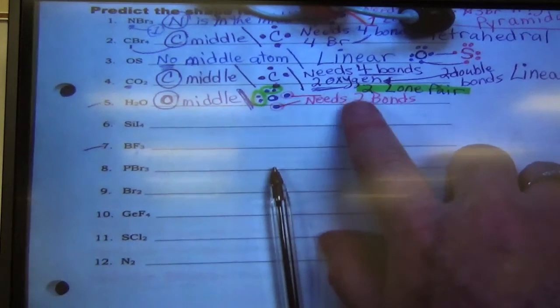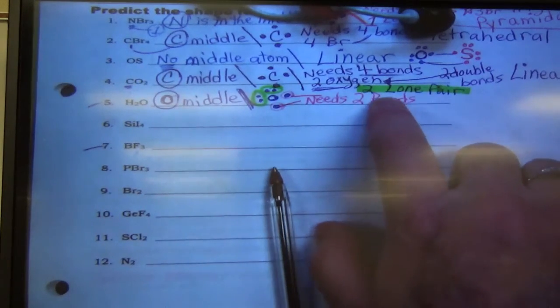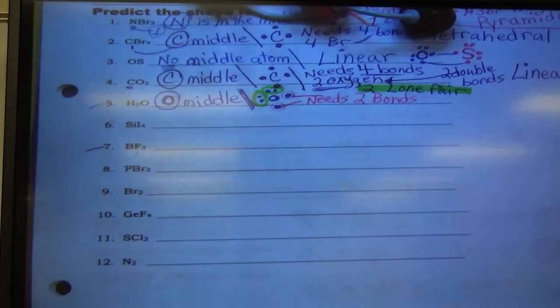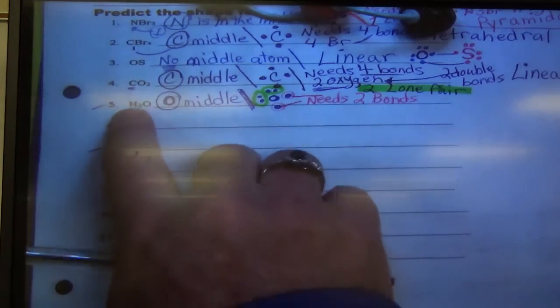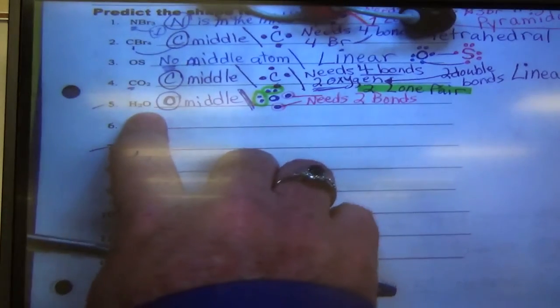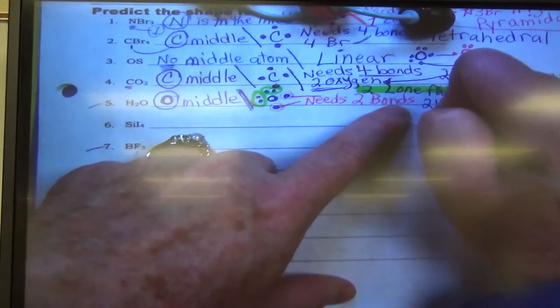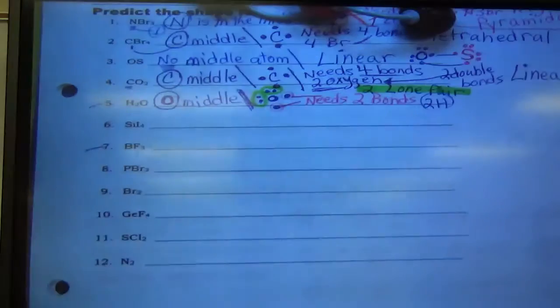It needs 2 bonds. Now, how many hydrogens are going to attach to this oxygen? 2. Okay, look at that. It needs 2 bonds, and we have 2 hydrogens to attach. That's perfect.